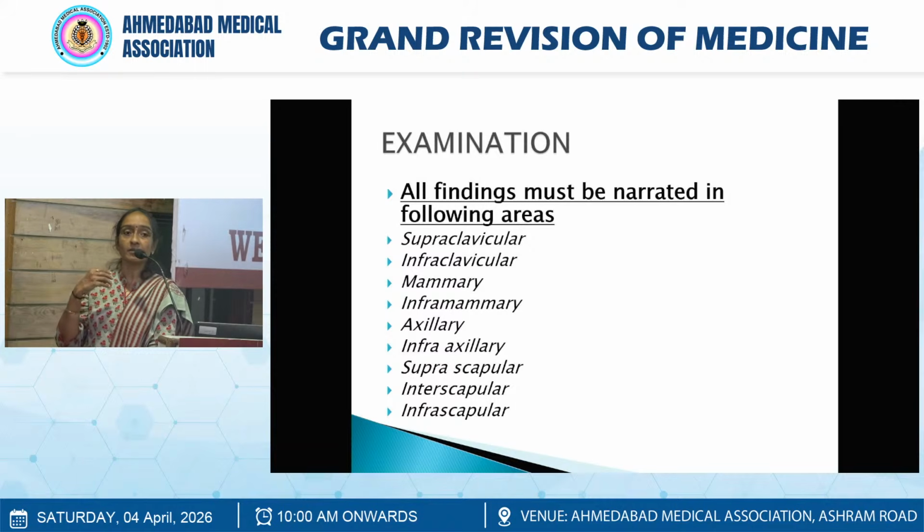We are not talking about zones, upper zone, mid zone, lower zone. Zones should be described in the X-ray, that the consolidation is seen in the upper, mid or lower zone. But in examination, you have to say according to the areas or regions: supraclavicular, clavicular or infraclavicular, mammary, inframammary, axillary, infraaxillary.